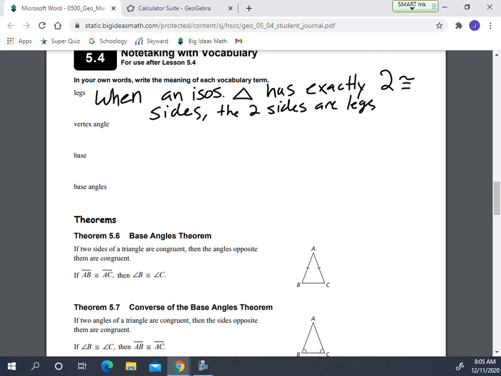The vertex angle is the angle formed by the two legs. Okay, that's our vertex angle. Our base is the third side.